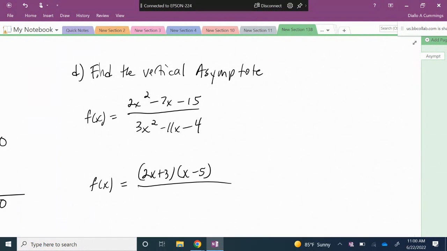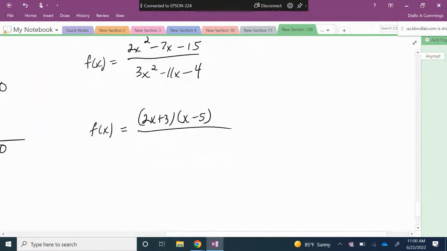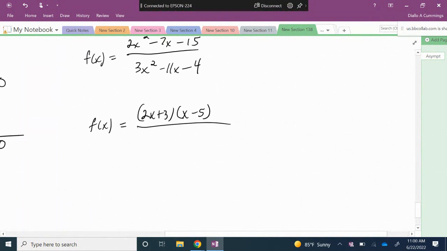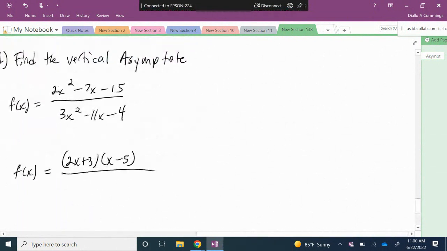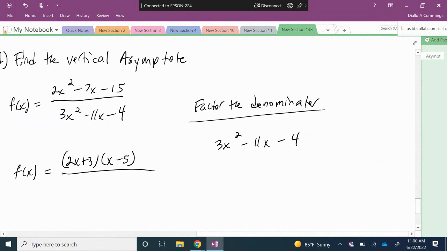Next, we're going to factor the denominator. I'll write that step over here. Factor the denominator: 3x squared minus 11x minus 4.